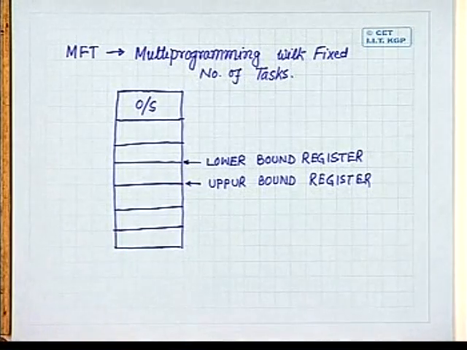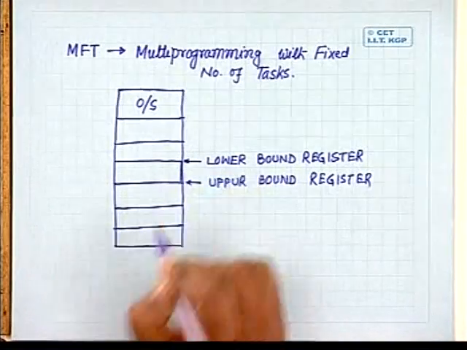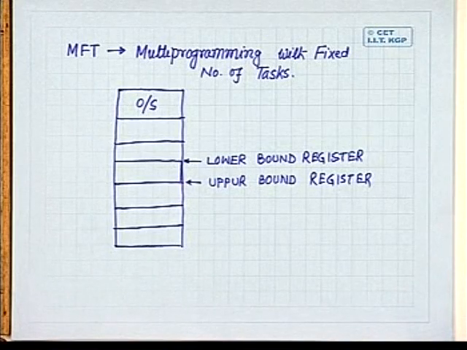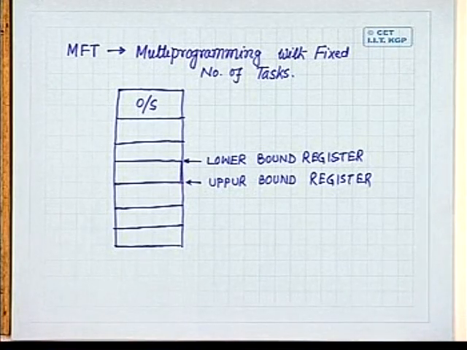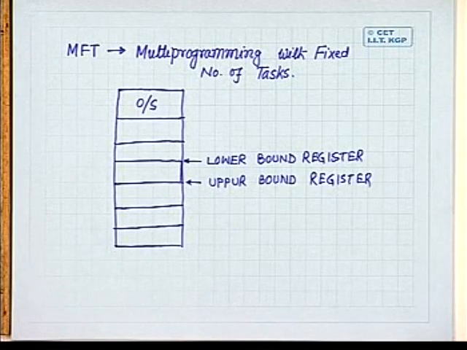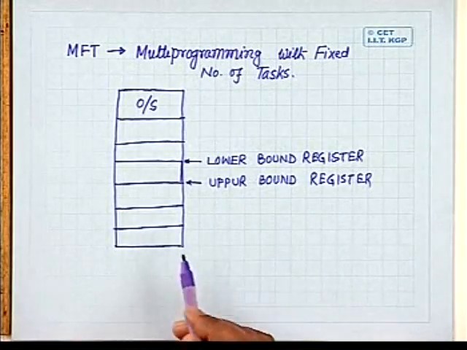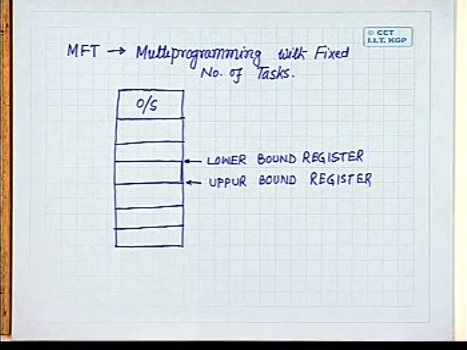What modification can be done on this is, since the size of every partition is fixed, if I know that a job is loaded into say partition number 5, I know what is the starting address of that partition. I also know what is the length of that partition. So accordingly, instead of having a lower bound register and an upper bound register, I can have two other registers.